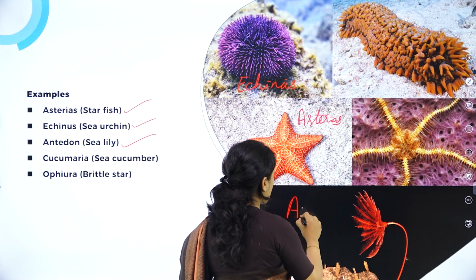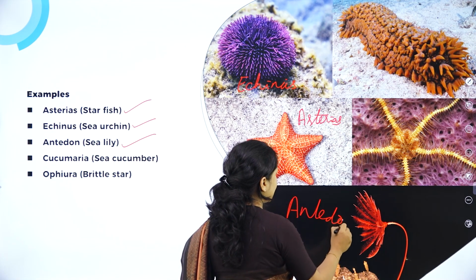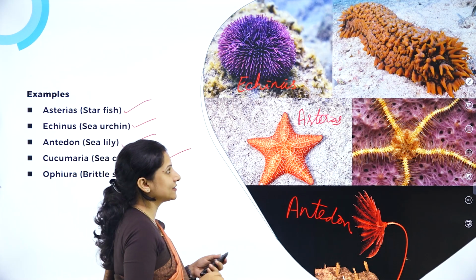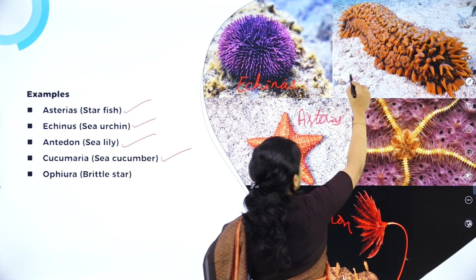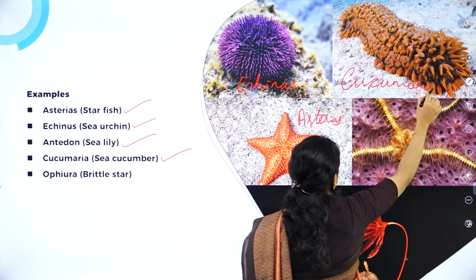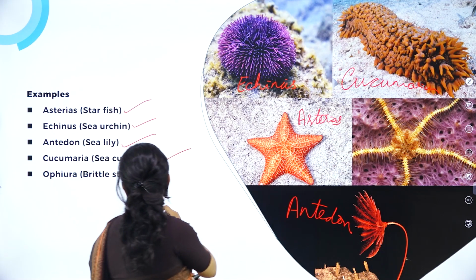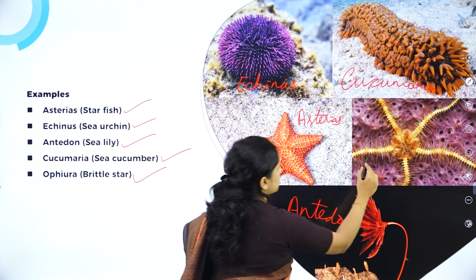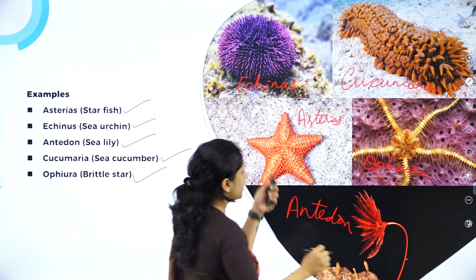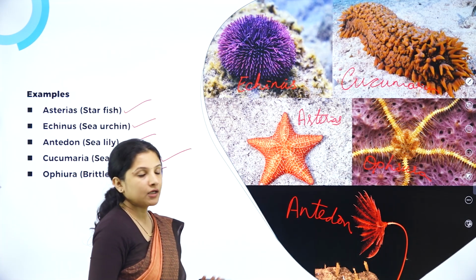So this is antedon, it is sea lily. Then one more example, cucumeria. It looks exactly like cucumber, sea cucumber. So this is cucumeria. And last one more example, there is brittle star, which is called ophiura. So this is ophiura, which is called brittle star. So these are some of the examples of echinoderms.